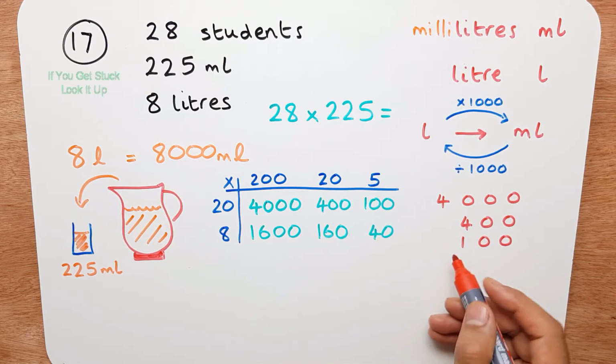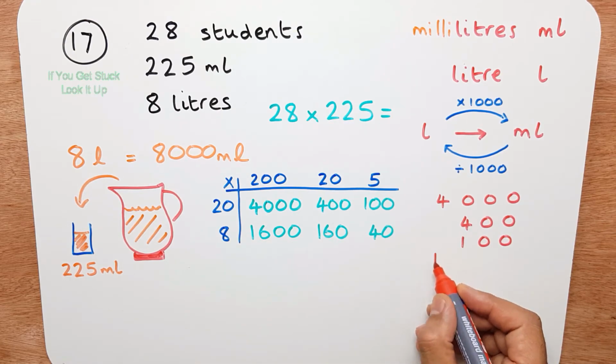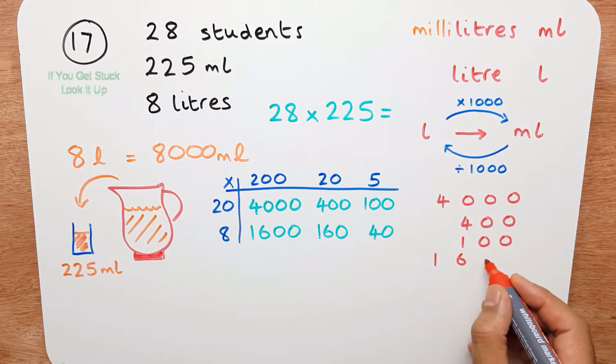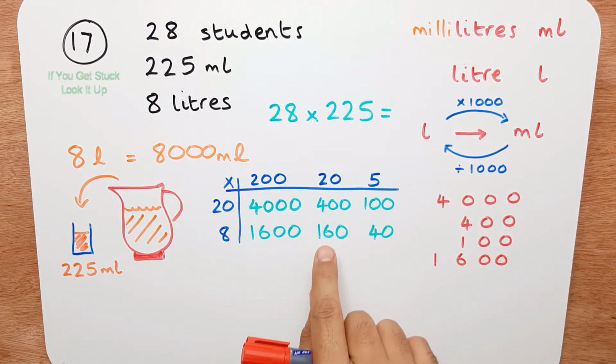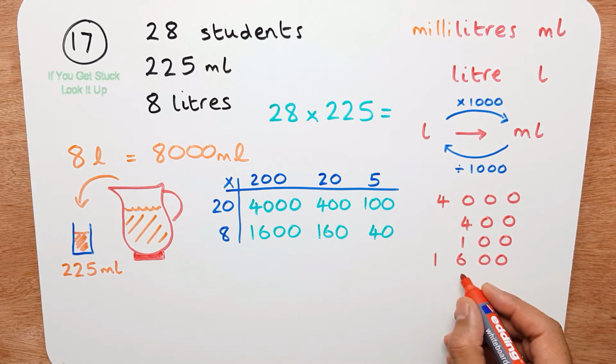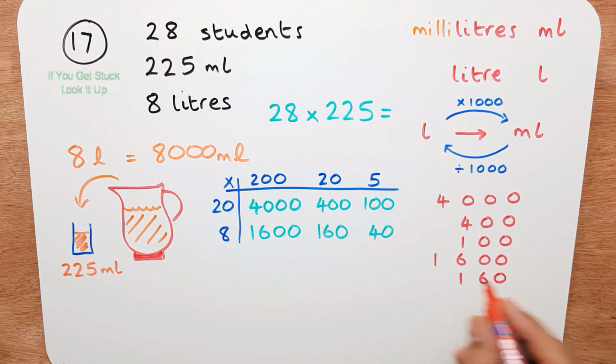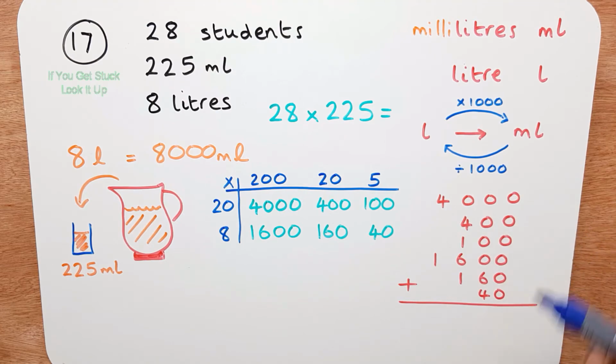So I have to be careful. 1,600. Then it's 160. And finally 40. Now I simply add all these together.